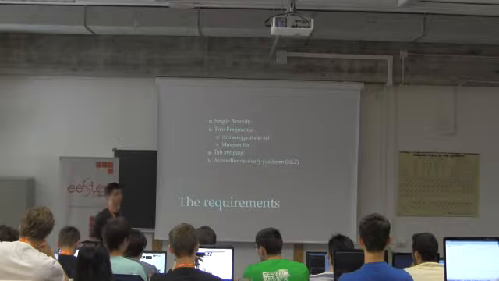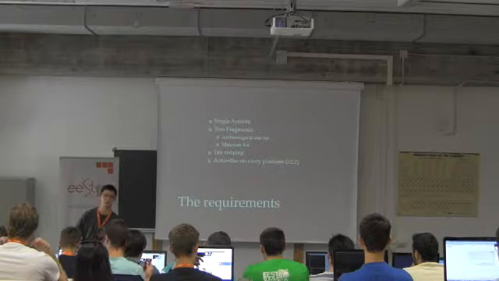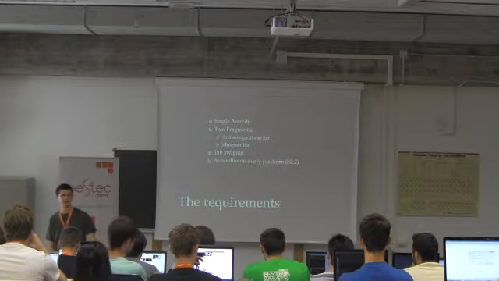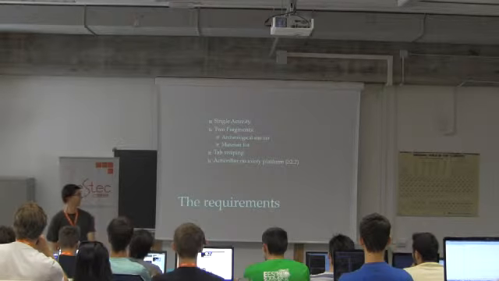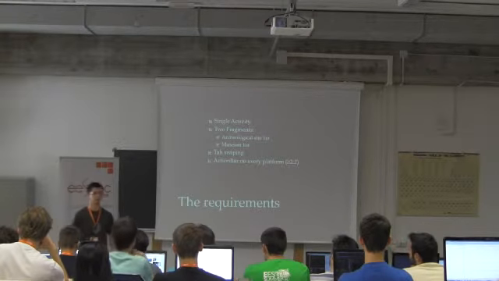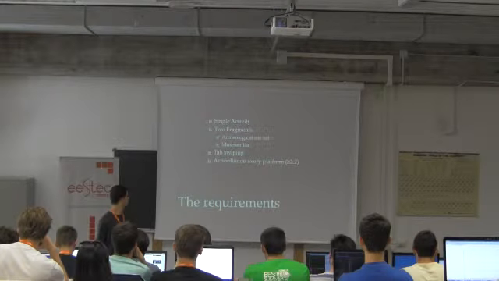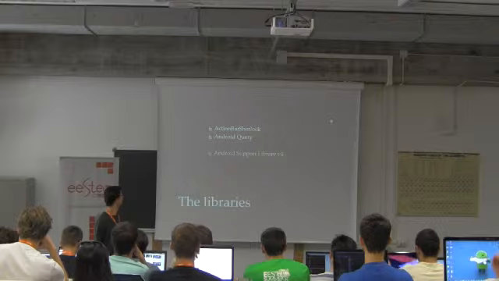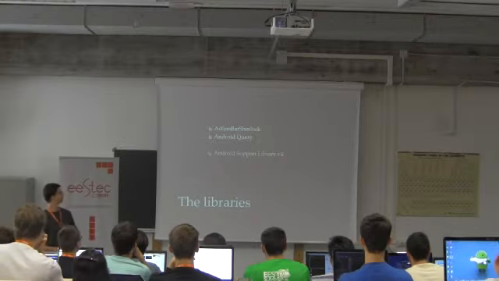Okay, we also want to have an action bar in the application, and for that we will use the library called ActionBarSherlock. It's maybe not crucial for this project, but I want you to learn how to attach a library using the library project. These are the libraries that we use.